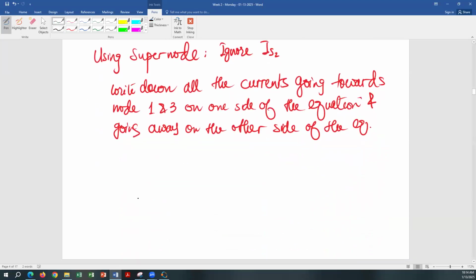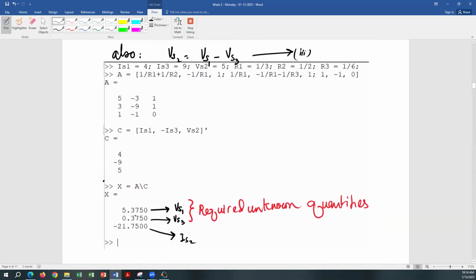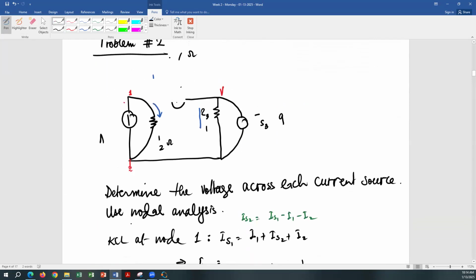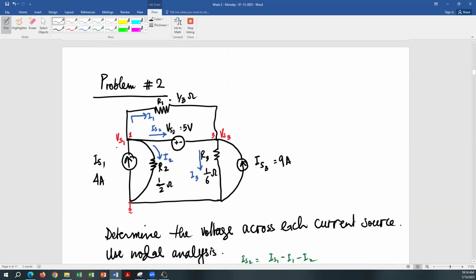So our first equation is going to be currents going towards node 1 and node 3. So Is1 plus Is3 plus I1, because we have to ignore Is2 anyways. So Is1 going towards node 1, and I1 going towards node 3, and Is3 going towards node 3.